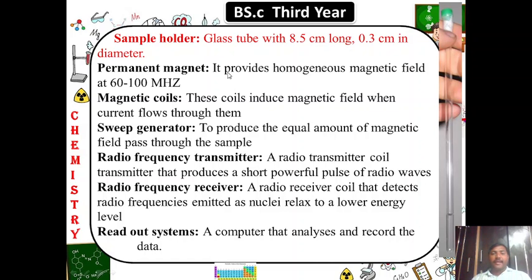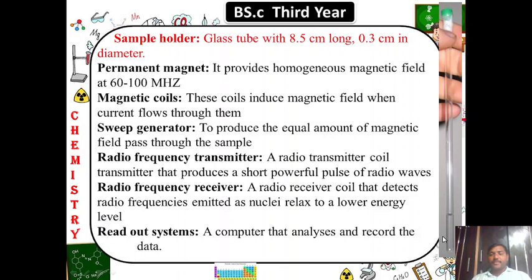The permanent magnet provides a homogeneous magnetic field at 60 to 100 megahertz. The instrument also has a magnetic coil, which induces a magnetic field when current flows through it. The sweep generator produces an equal amount of magnetic field passing through the sample.